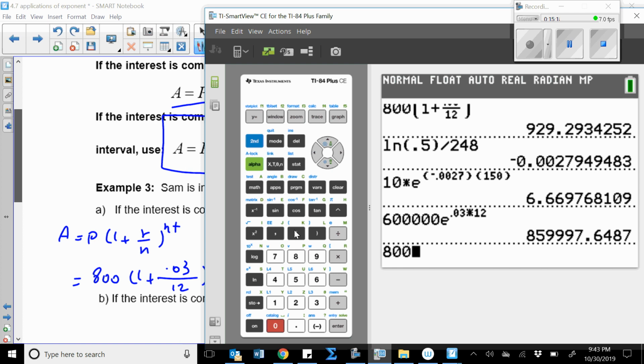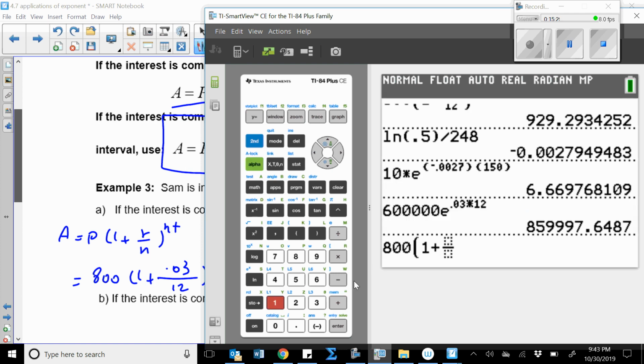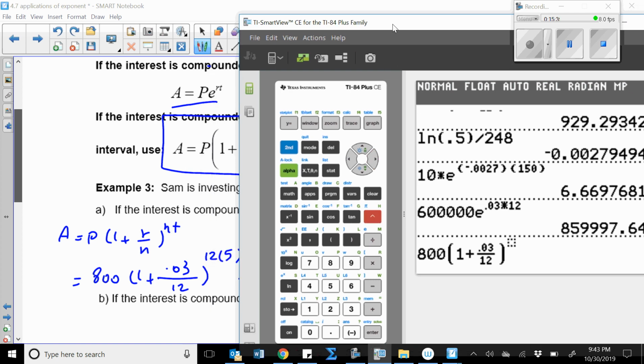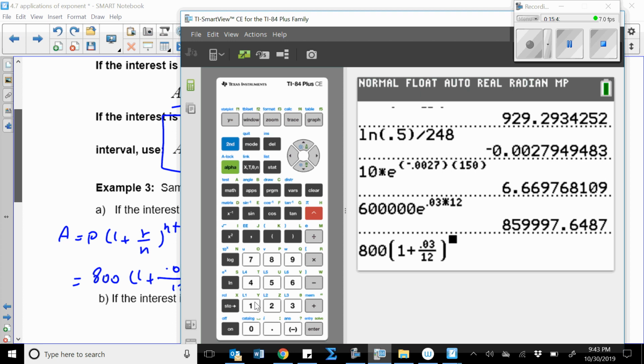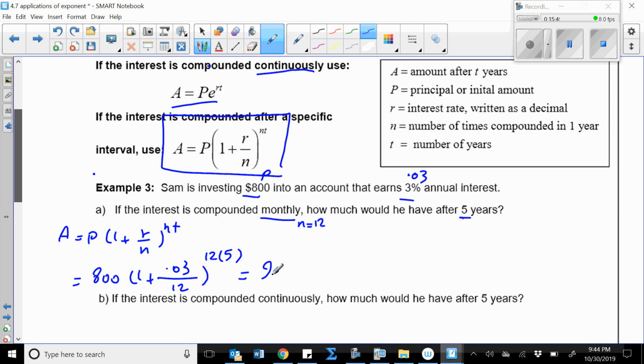So it's 800 times 1 plus 0.03 over 12. Then this should be raised to the power of 12 times 5, and it will be 929.29 dollars.